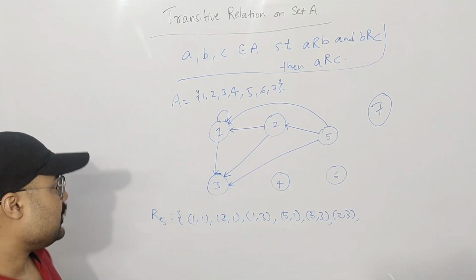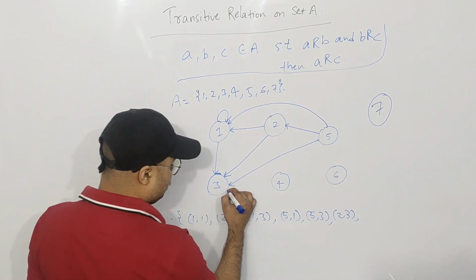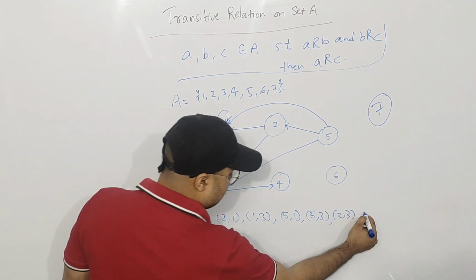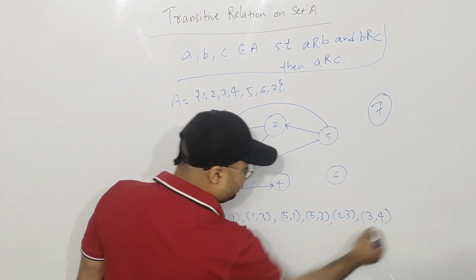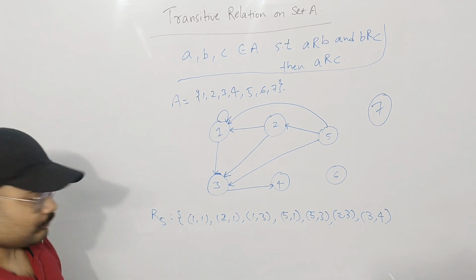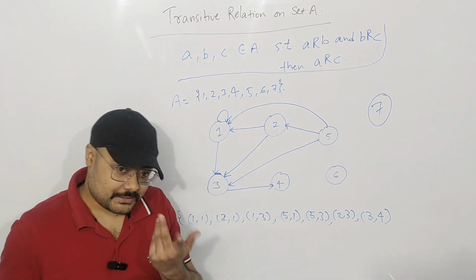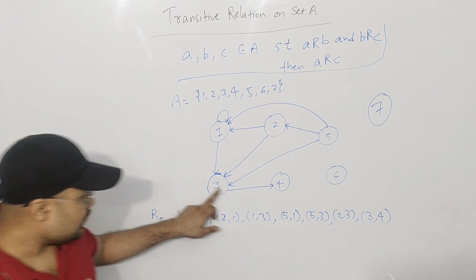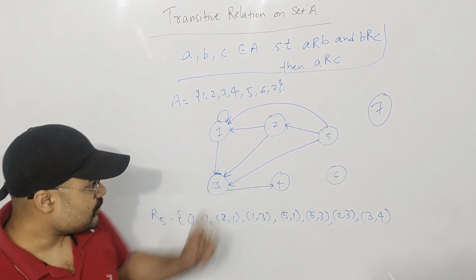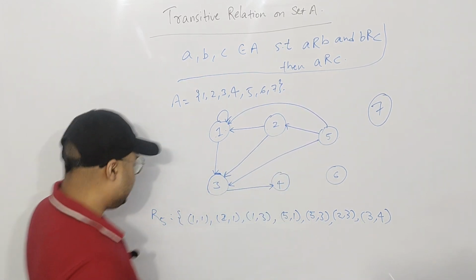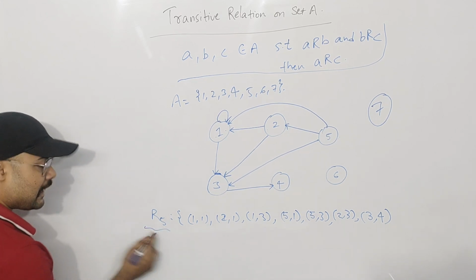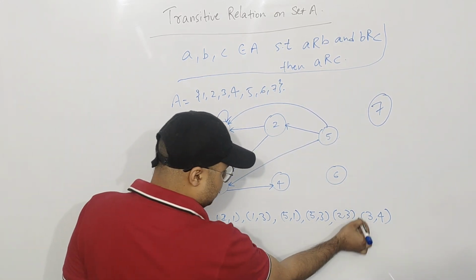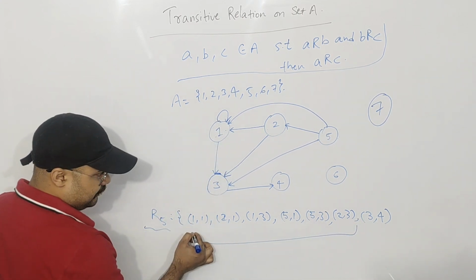Now let's say there is (3,4) also in your R5. Now look at this. 2 is related to 3 and 3 is related to 4, so there must be an edge from 2 to 4 if R5 has to be made a transitive relation. So far till this point this is transitive.